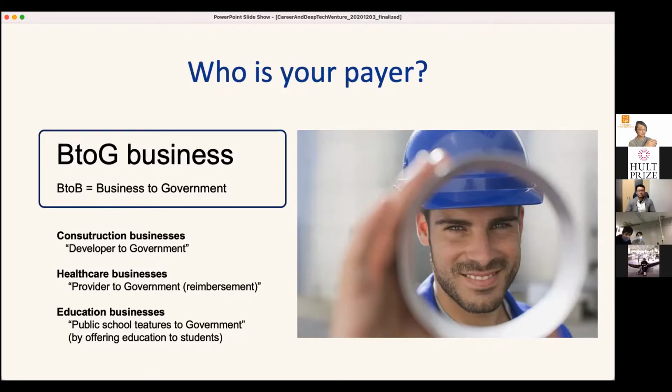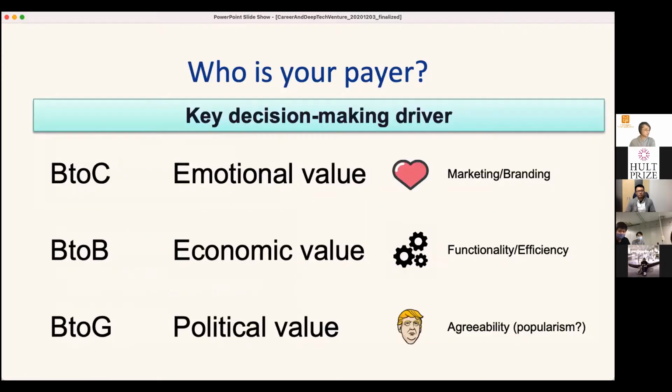So their direct client is the government, but they face the students to provide the services. So in this case, the beneficiary, the students, and the payer, the government, are different. So this happens in the government business. So that's the three typical business models.